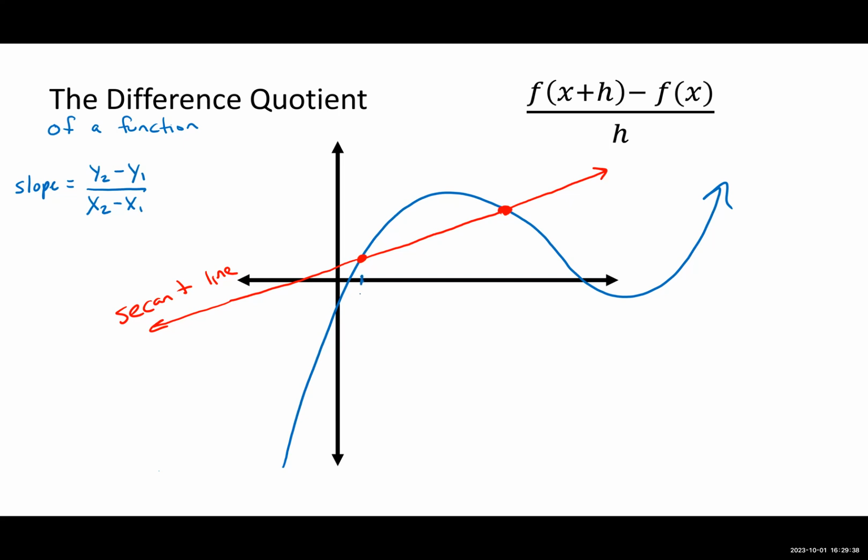So this would be the first x value, and this would be the second x value. This would be the first y value, and this, maybe about right there, would be the second y value. The x and the y coming from the red point on the left, and the x and the y coming from the red point on the right.